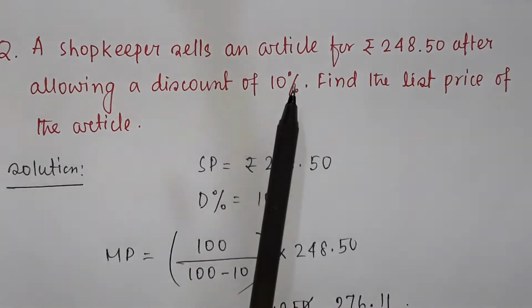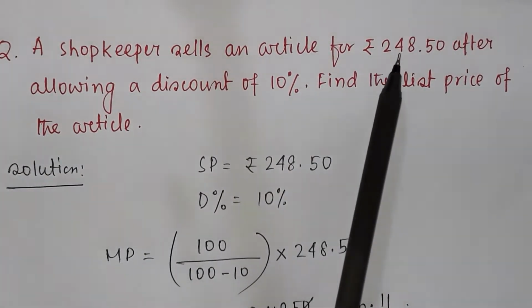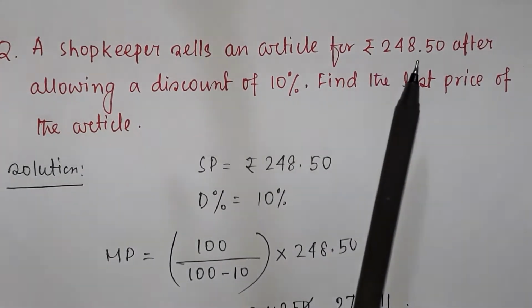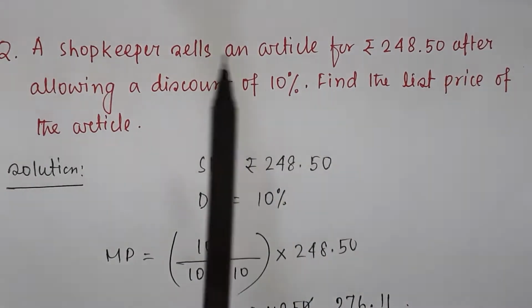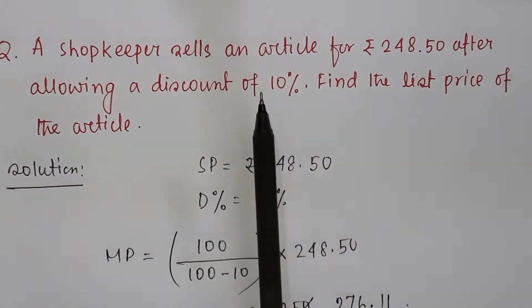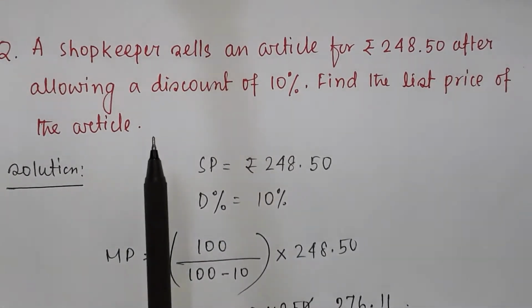After deduction of 10%, the selling price stands at rupees 248.50. Sometimes a common mistake is that you calculate 10% of this. No, if you see the question, after allowing a discount of 10%, find the list price of the article.